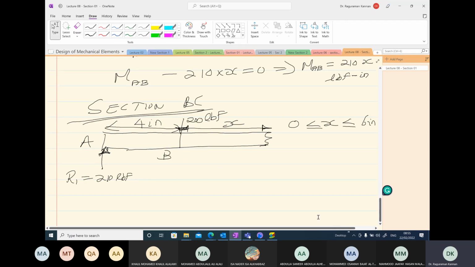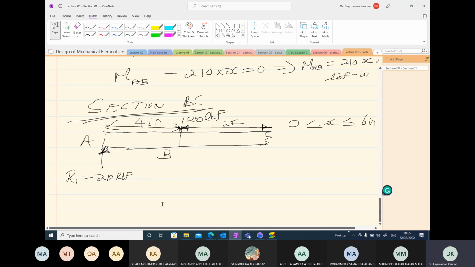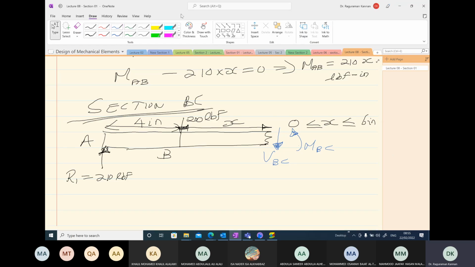You can write the equilibrium equations as usual after representing your internal shear force and bending moment. We made a cut on the right hand side, use the second sign convention, VBC and MBC for the section BC. Write the equilibrium equation.